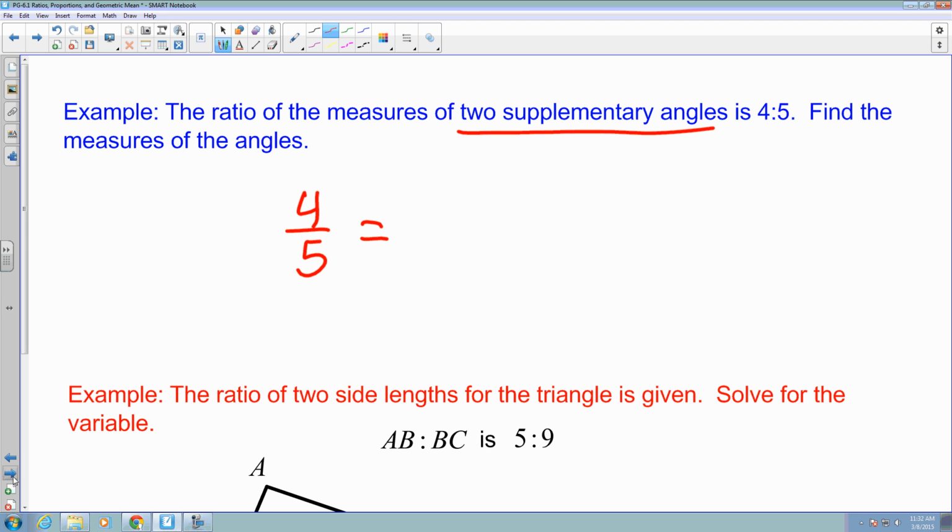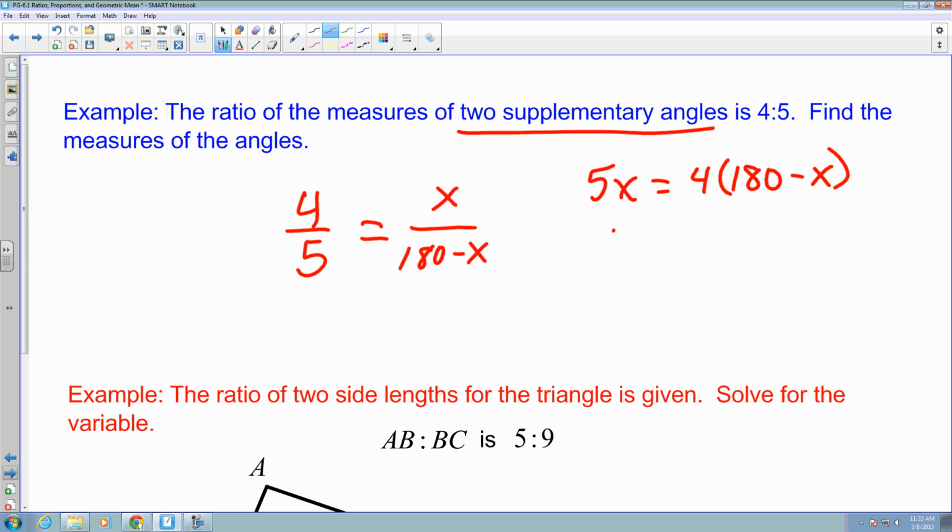That means they add up to 180 degrees. I don't know what the values are, but I can say that one value is x, and the other value is going to be 180 minus x. So we're just going to do the cross product, and I get 5x equals 4 times the quantity of 180 minus x.